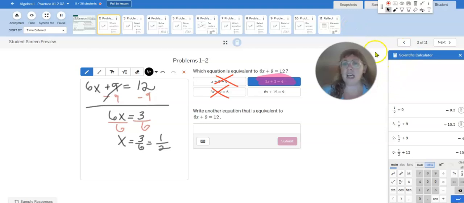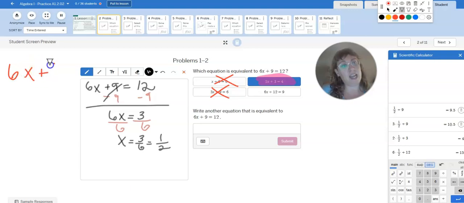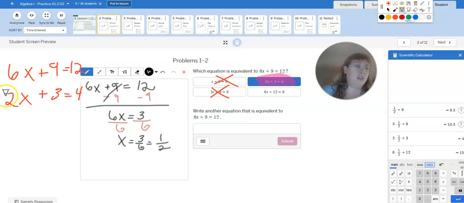We can also notice that these equations, the only thing that's different is that everything was multiplied by 3. So we have 2x plus 3 equals 4. 2x times 3 is 6x, 3 times 3 is 9, 4 times 3 is 12.